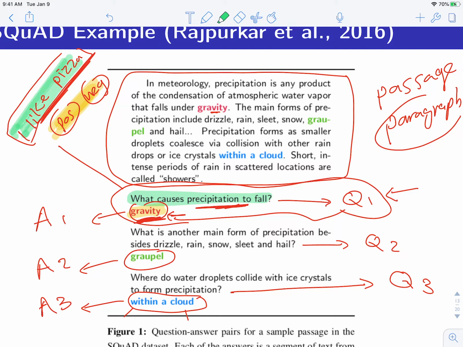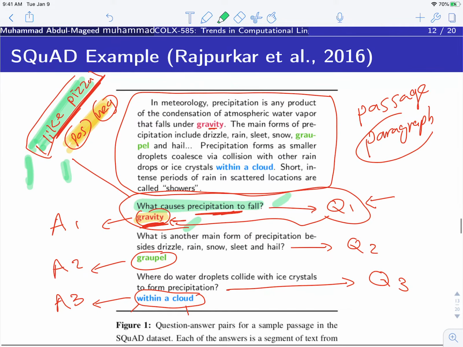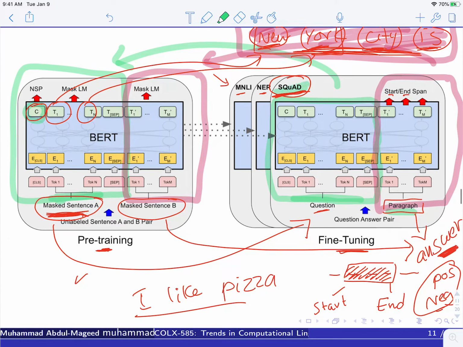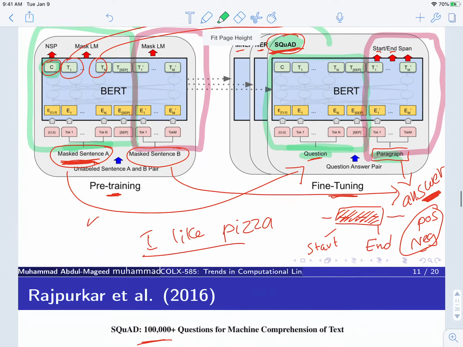It's just a different task, but it's still a supervised task because we have the question and the answer, similar to sentiment analysis where we have the sentence and the label. I thought I would show you this because in the Bert paper, they have the question and the paragraph thing.